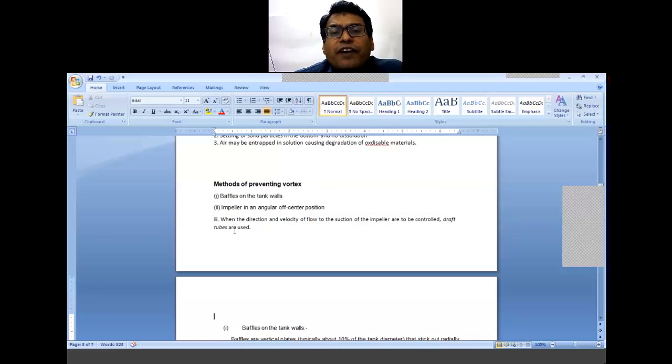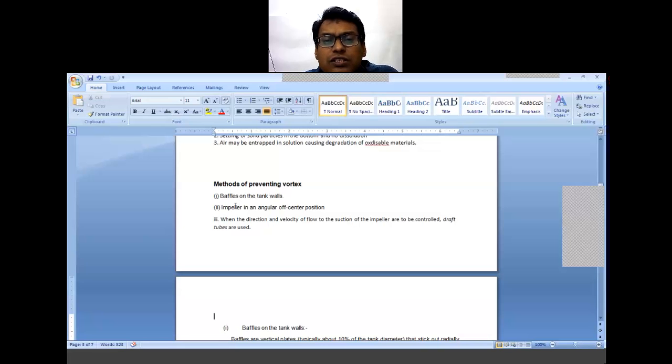So to prevent the vortex formation, baffles on the tanks are used, or the impellers are placed in an angular off-center position. And when the direction and the velocity of the flow of the suction of the impeller are to be controlled, draft tubes are also sometimes used.